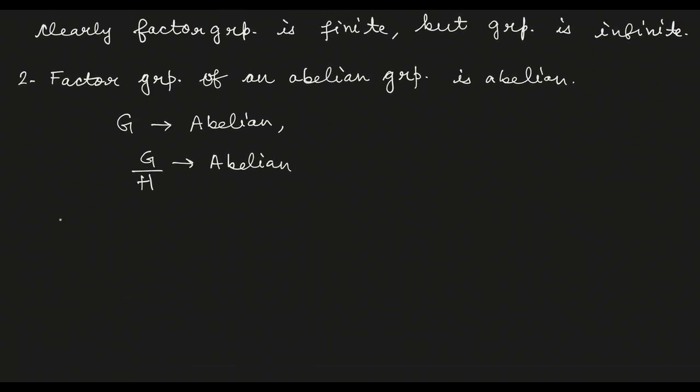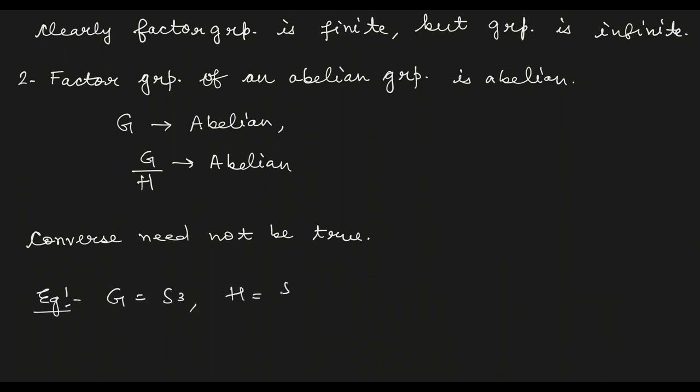The converse need not be true. For example, G is equal to S3, H is equal to identity, (1 2 3), (1 3 2).